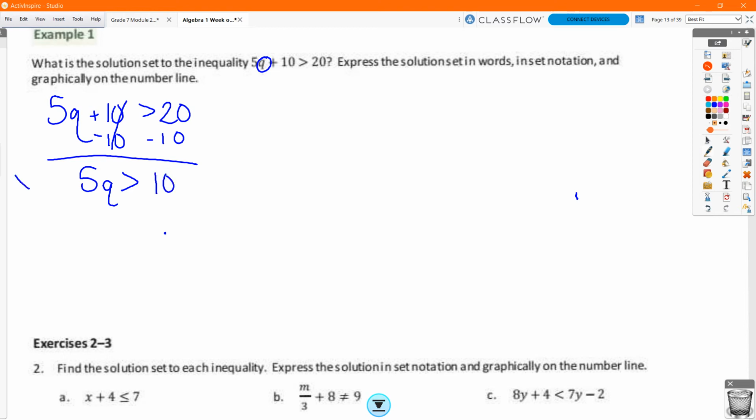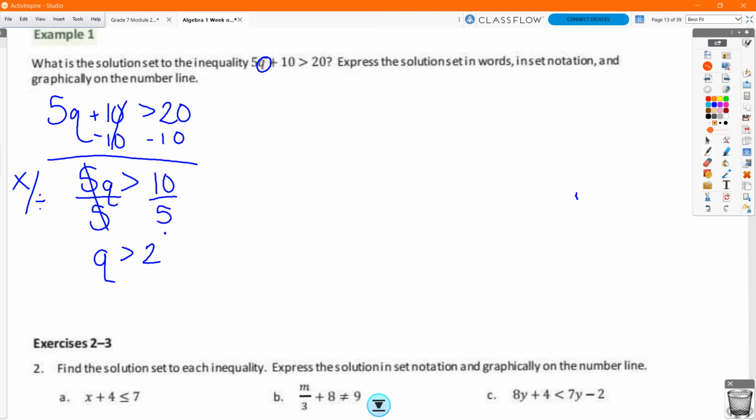Now, this is multiplication. The opposite of multiplication is division. So we got to get rid of the 5 by dividing out the 5. 5 divided by 5 is 1, so it leaves me q is greater than 10 divided by 5, which is 2. So I'm looking for values of q that are greater than 2. Okay?